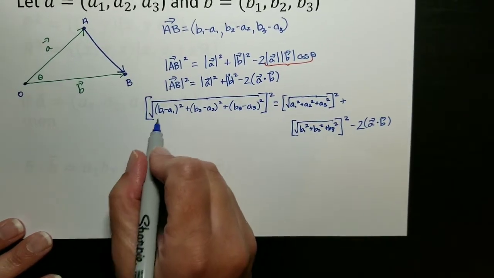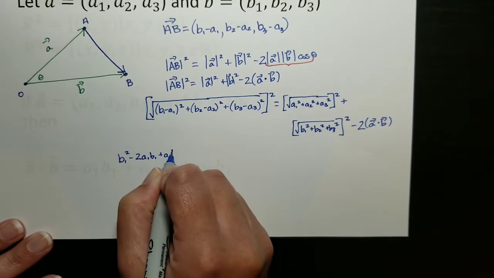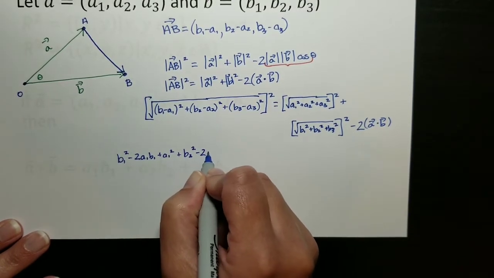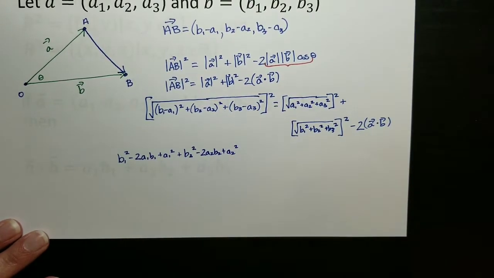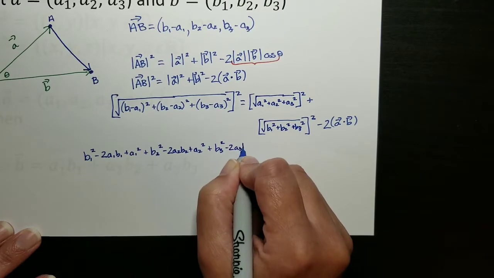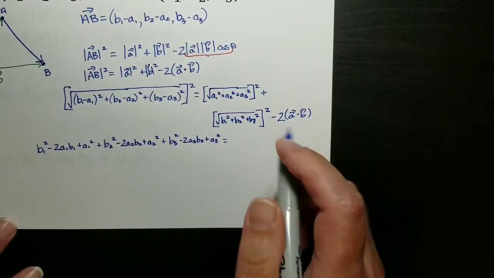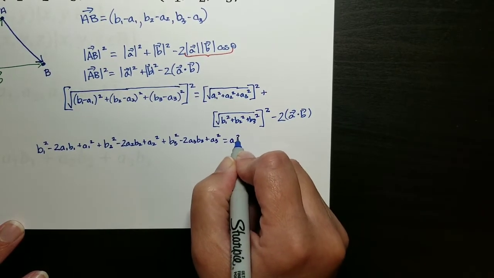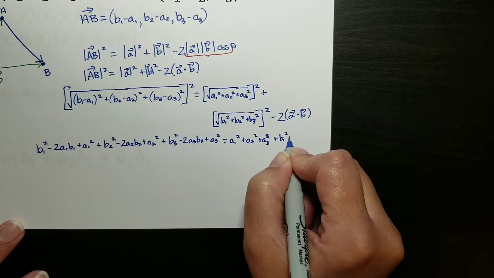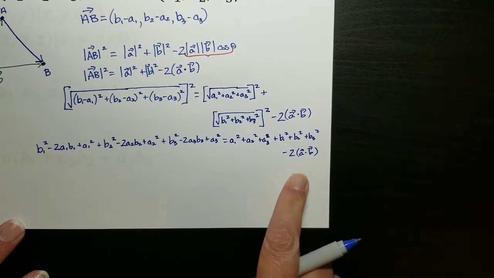So we get over here B1 squared minus 2A1B1 plus A1 squared plus, and again the same thing, B2 squared minus 2A2B2 plus A2 squared plus B3 squared minus 2A3B3 plus A3 squared equals, and this does get a little tight in here, so we get A1 squared plus A2 squared plus A3 squared plus B1 squared plus B2 squared plus B3 squared minus 2A dot B. And I'm scooting that down.